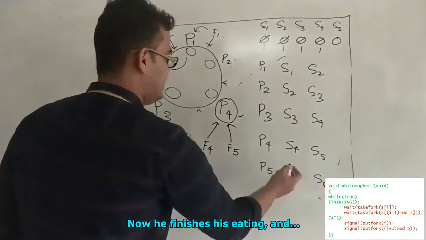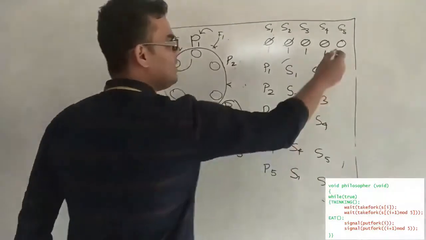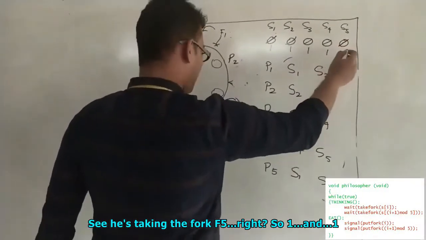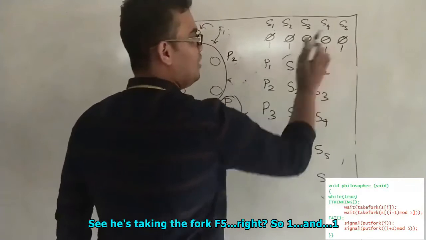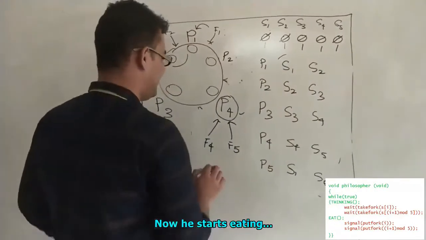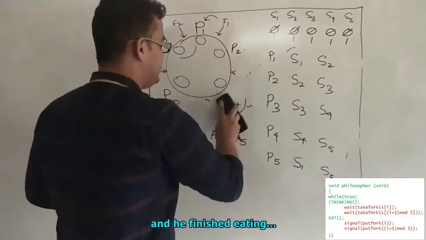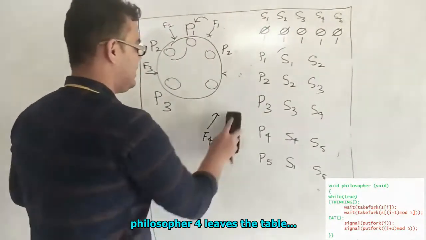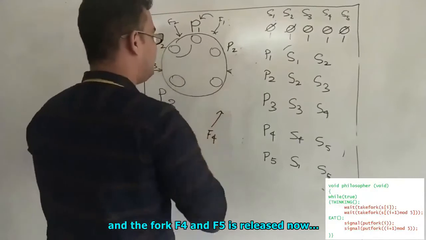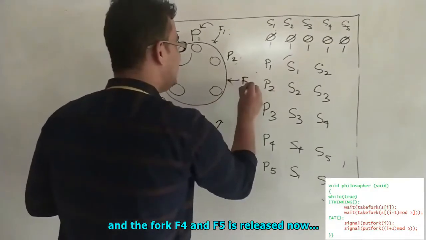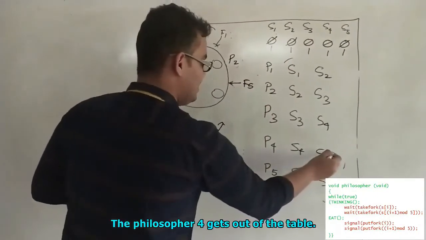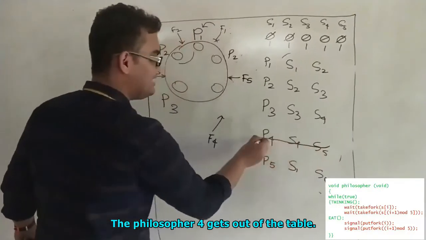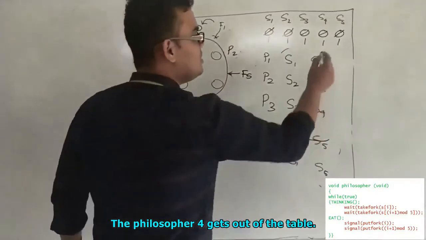Now he finishes eating. See, he took the fork F5, right? So 1 and 1. Now he starts eating and finishes eating. Philosopher 4 leaves the table and the forks F4 and F5 are released now.